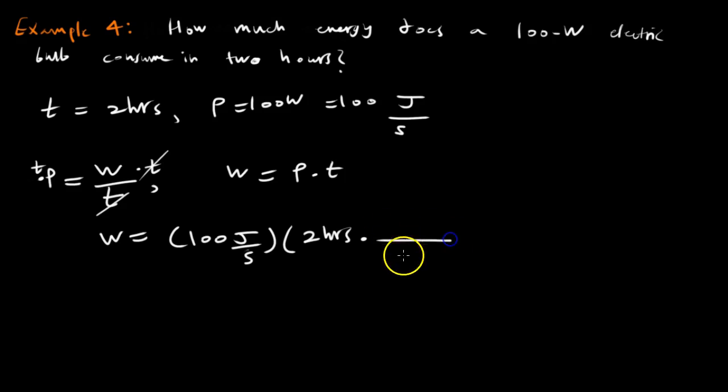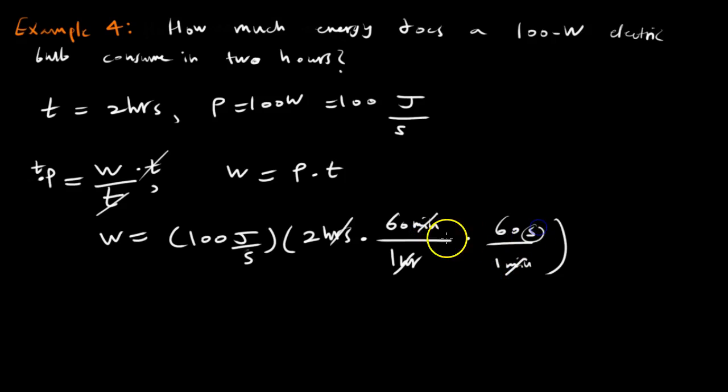So for 1 hour you have 60 minutes. Per 1 minute you have 60 seconds. Hours cancel out, minutes cancel out, and you end up with seconds, and that is what we need. After that, seconds cancel out and you get joules. So I'm going to write 100 joules multiplied by 2 times 60 times 60.